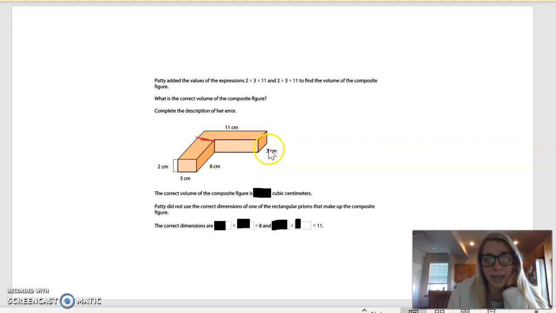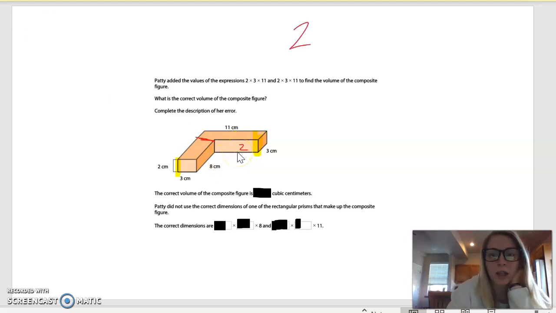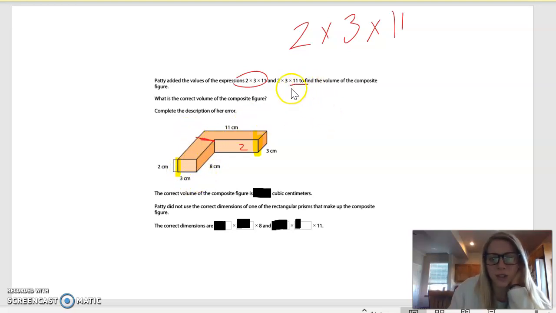So what I did is looked at the height here. The height is still going to be 2. So if you look at this here, we can easily just label the height there as 2. So it's going to be 2 times 3 times 11. She has that one right. But now we need to look over here. So we cut it off right there. I'm not sure where she got this new 11.